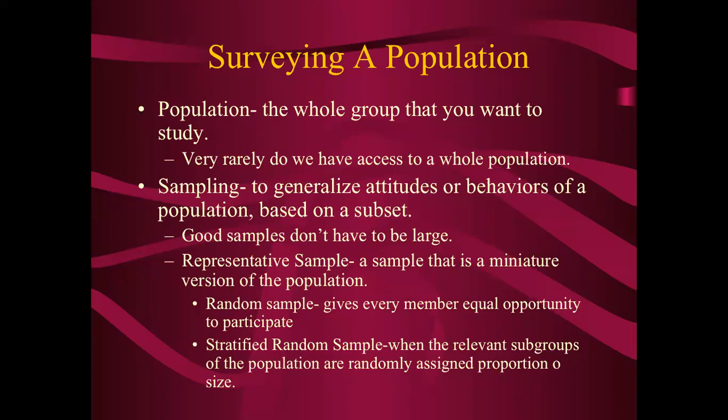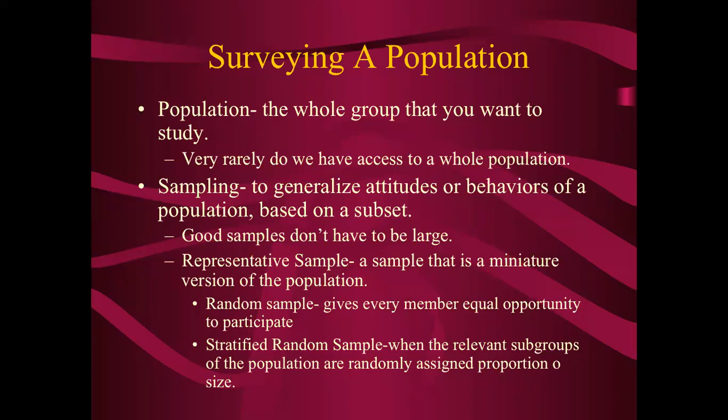Now, there are two ways to make it representative. One is using random sampling, and that gives everyone equal opportunity to participate, so it doesn't have a biased, larger proportion of one group. The other thing, if you're worried about distribution, is something called stratified random sampling, where we force our sample to match the population.